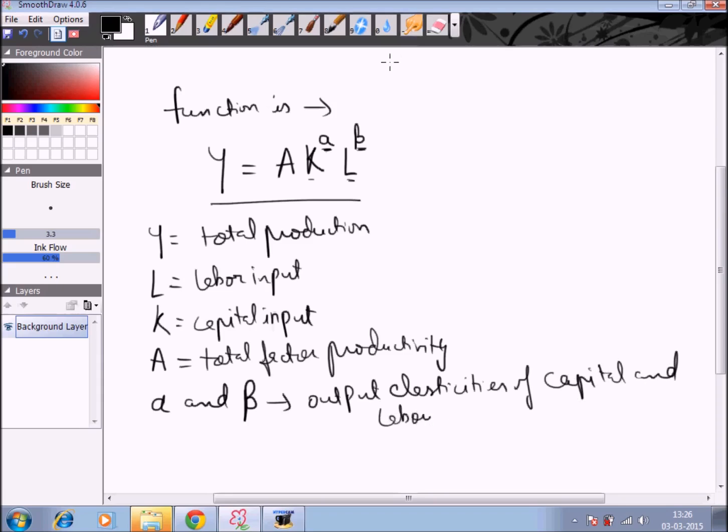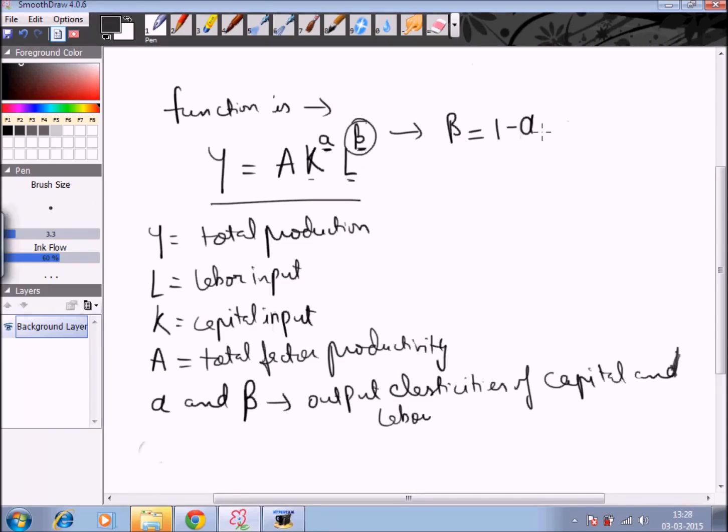Now the other thing is that beta here will always be equal to 1 minus alpha. That is, if we know the value of alpha, we can easily derive the value of beta. Beta will always be equal to 1 minus alpha.